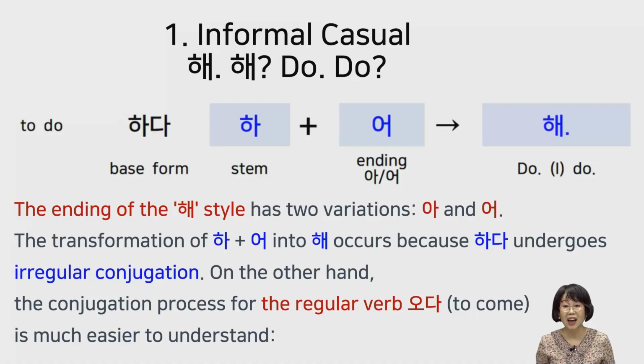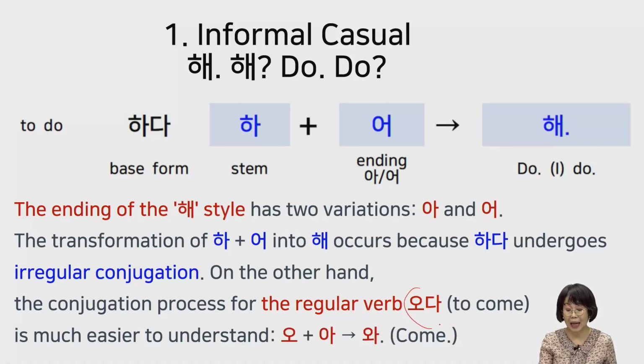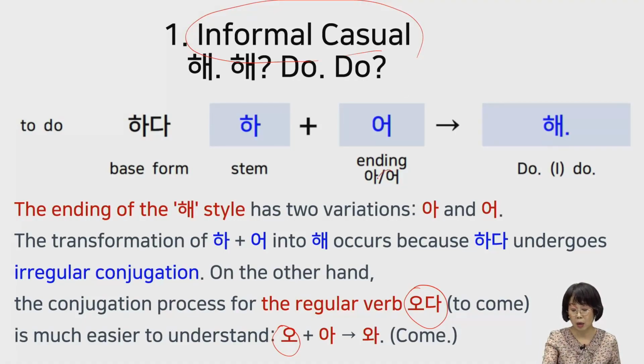On the other hand, the conjugation process for the regular verb 오다, to come, is much easier to understand. The stem is 오, and the informal casual ending 아 is put after 오. So, 와. We call this regular conjugation.